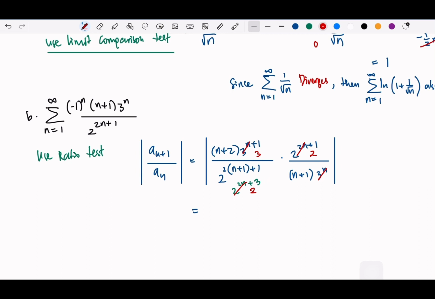So we have 8 and 2, and we can also cancel that. So we can cancel this 2. So we have 2 with power of 2. So now we have n plus 2 over n plus 1 multiplied with 3 over 4.